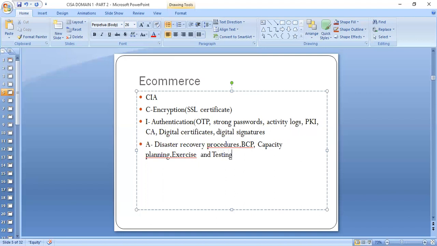Great. See, so these are the concerns of the IT auditor or IS auditor, right, on electronic commerce. Okay, even the website itself, I want to confirm the software testing was done. All right, detailed software testing was done on the application. I want to confirm that we have input validation on the website.